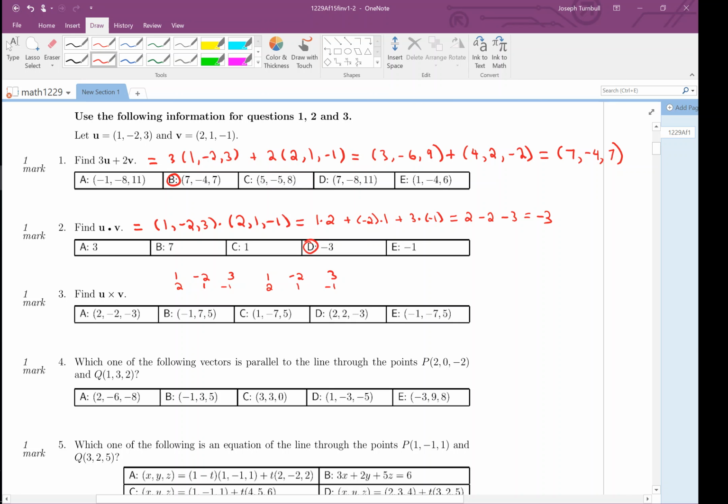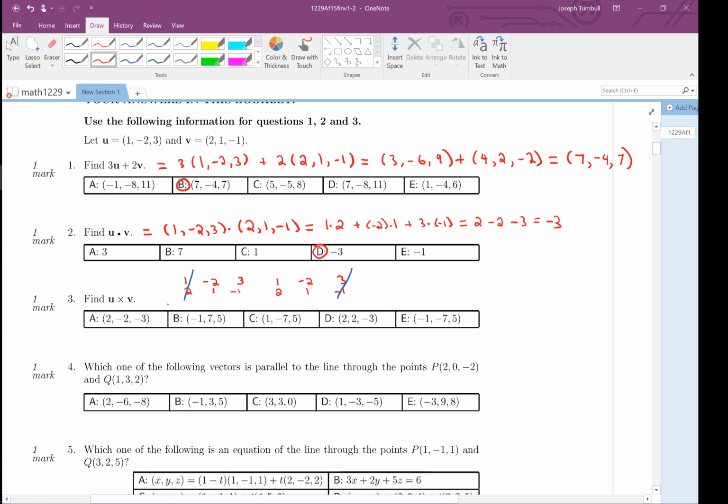Then I'm going to say the cross product equals, I get rid of the first and last, and my cross product is going to be down products minus up products. So there's going to be 3 entries in there.